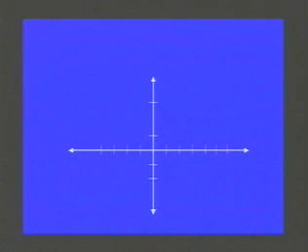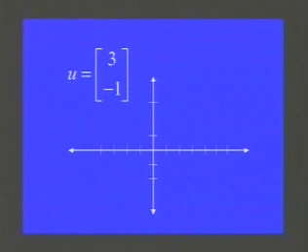Now what that does as far as a picture is, if I take the vector u, which was (3, -1), and I draw its position vector, I go from (0, 0) to the point (3, -1). That was the position vector for u. Now if I double that, I'm not going to go to (3, -1), I'm going to go to (6, -2).